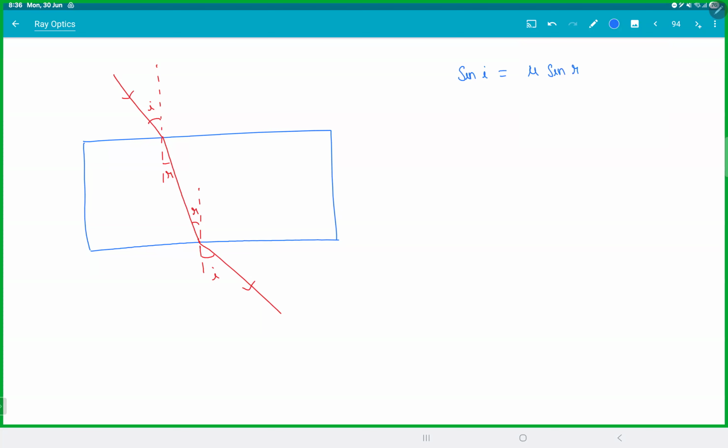So the ray comes out parallel to the initial ray. Therefore, the deviation is 0.